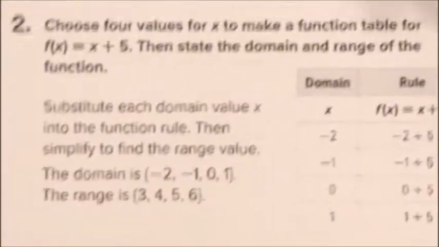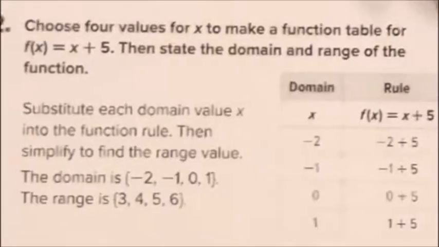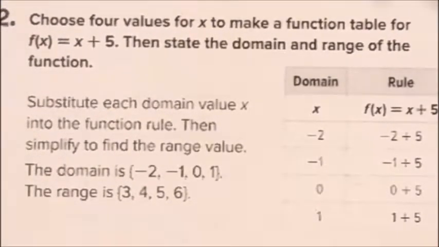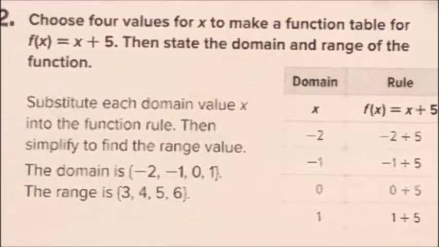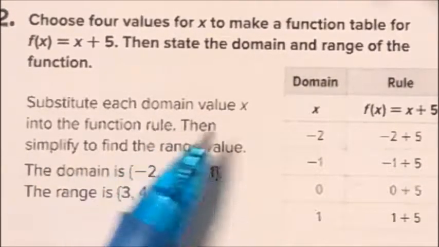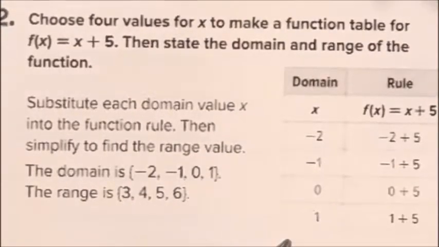For example number 2, it says choose 4 values for x to make a function table for f of x equals x plus 5. Then state the domain and range of the function. I can choose any value I want for x, completely up to you. They chose -2, -1, 0, and 1.